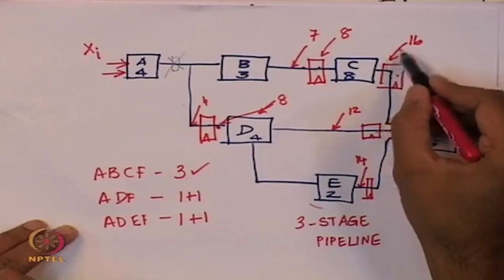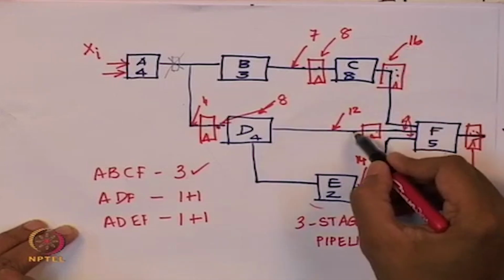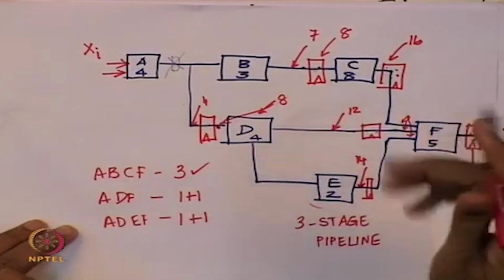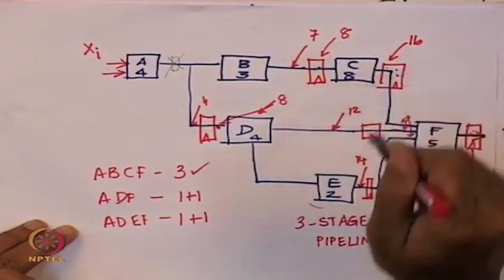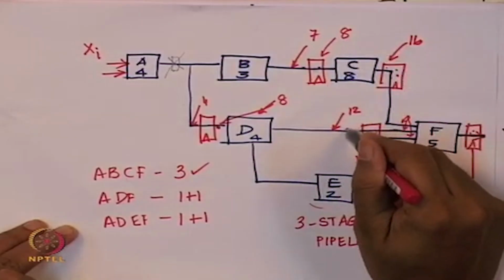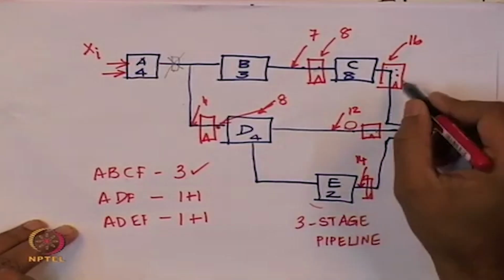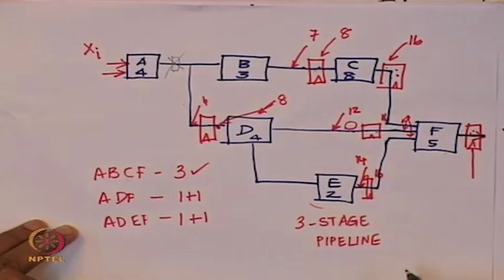So, the input to this flip flop will get ready at 16, this will be ready at 12 and this will be ready at 14, but I am bringing in a periodic signal. So, the next clock pulse will come at 8 plus 8, which is 16. So, there is 4 time units of waiting here and 2 time units of waiting here, and at 16 the outputs of all the flip flops are stable.